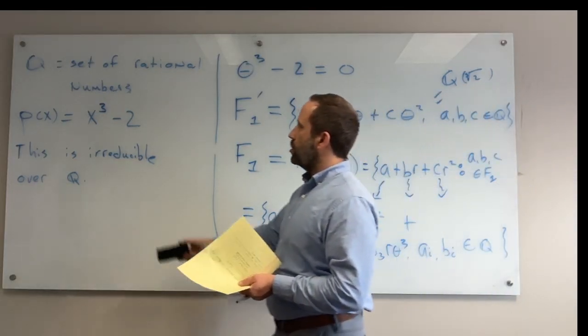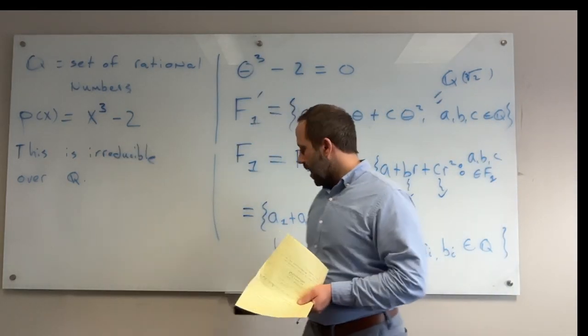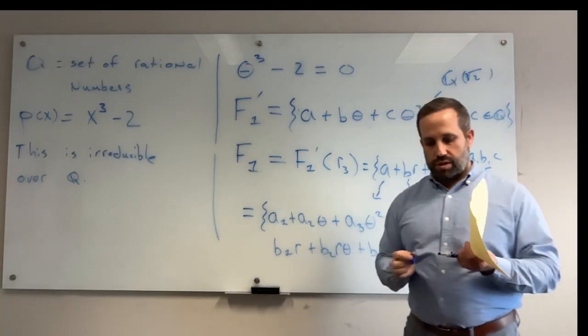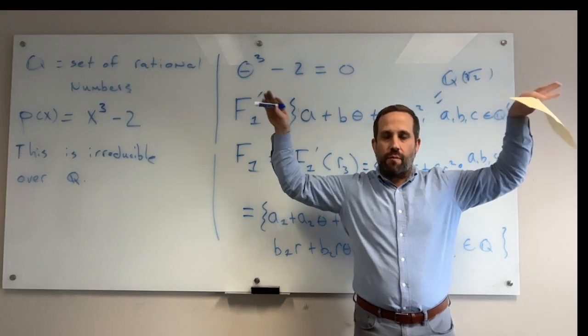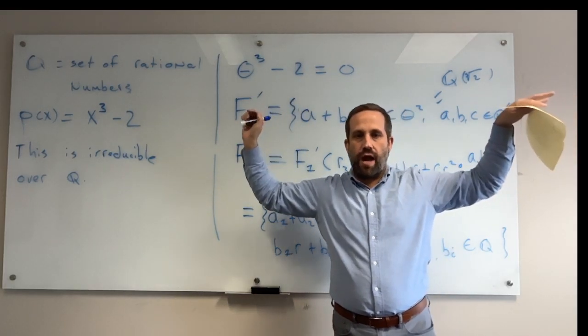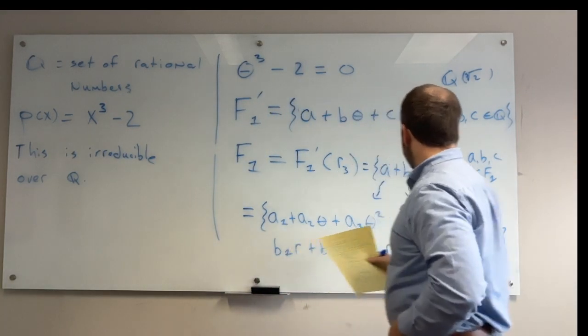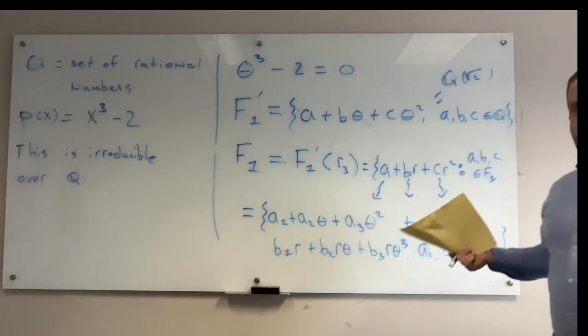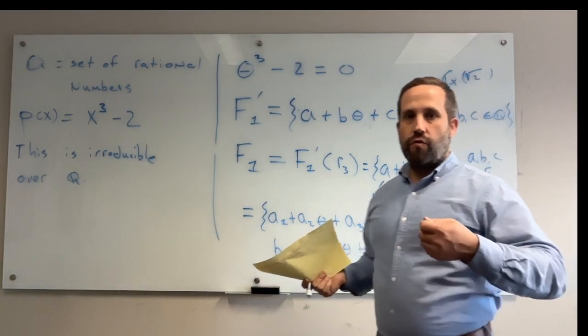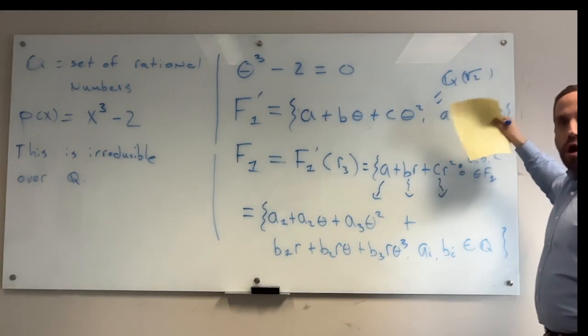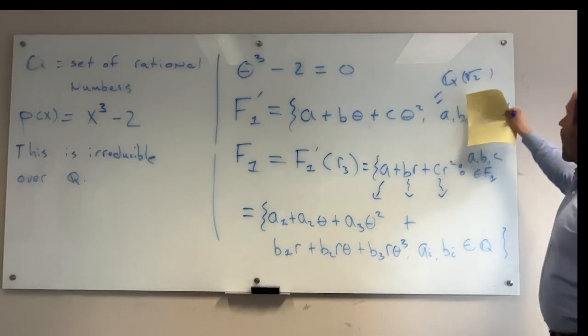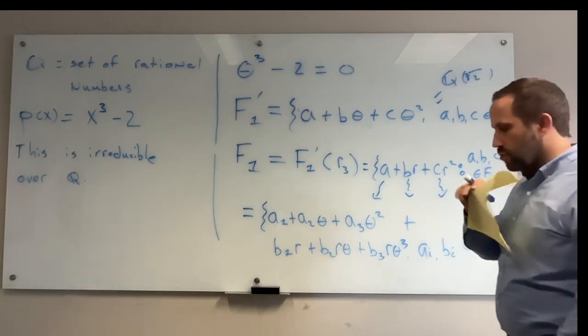If you look at x cubed minus 2, and we think about the roots, we can think about things up here because we know about real numbers and complex numbers, and so we know that the roots of this are going to be of the form r times the third root of 2, r squared times the third root of 2, and the third root of 2, where r is the third root of unity.